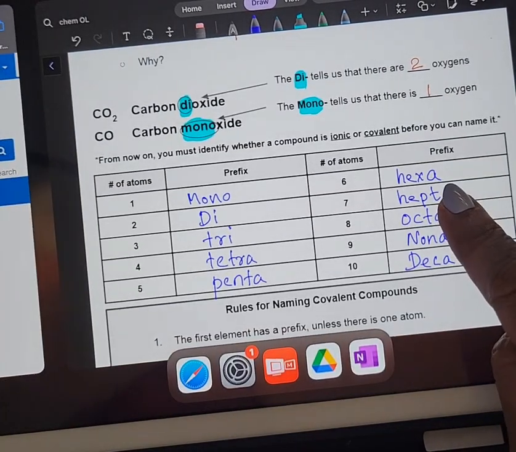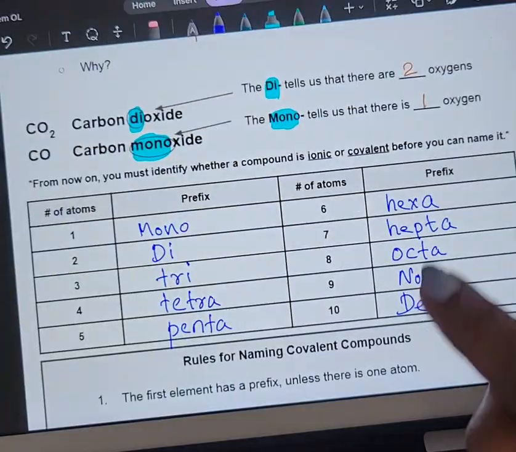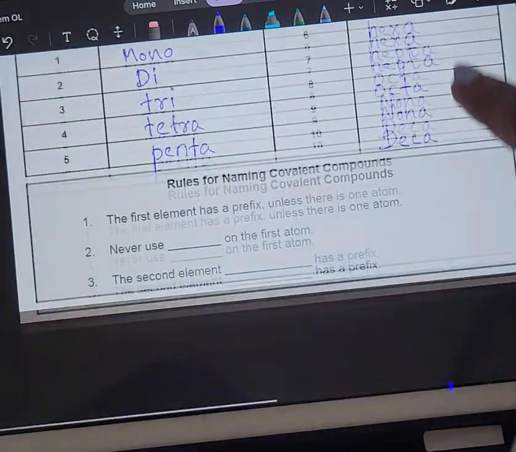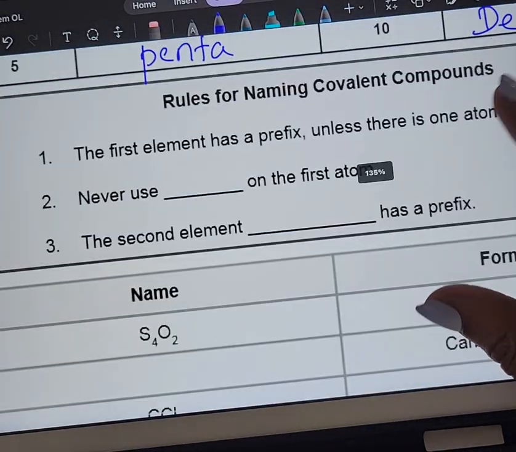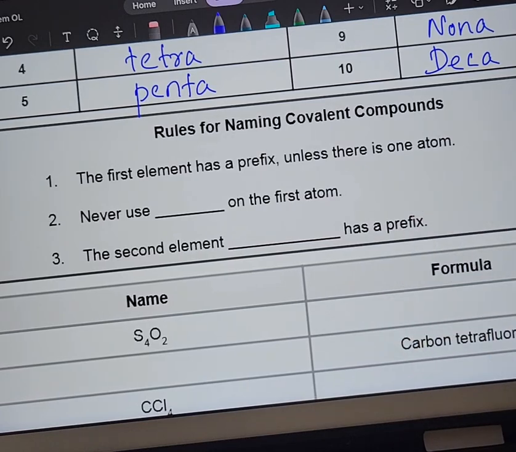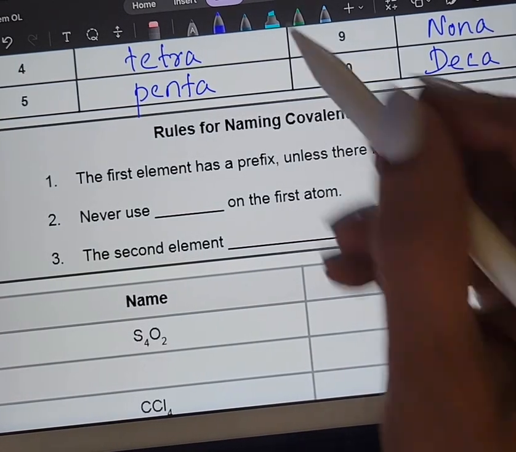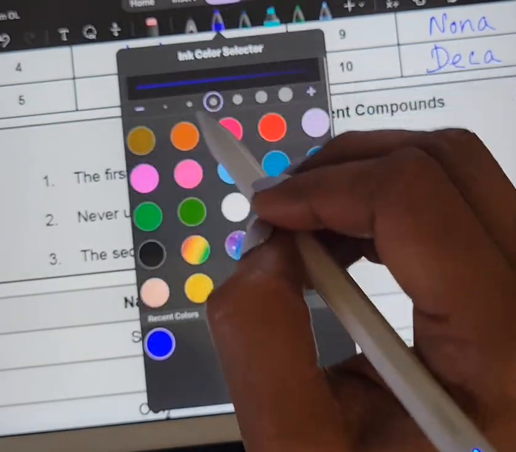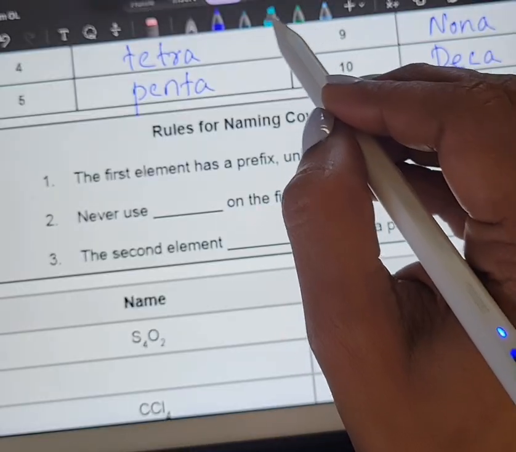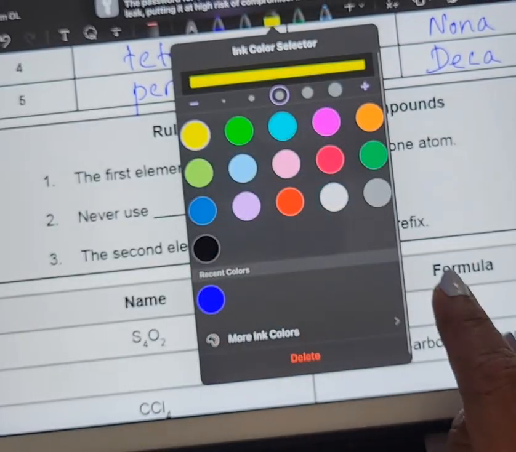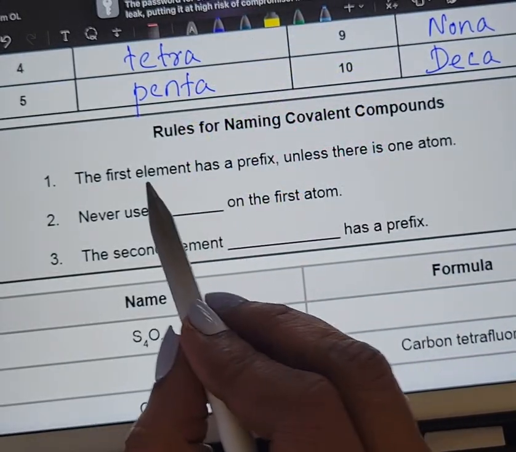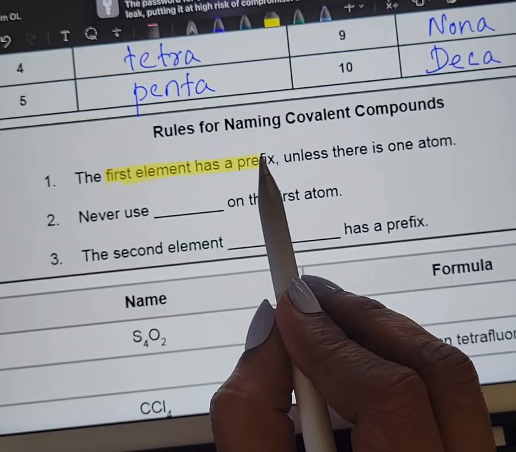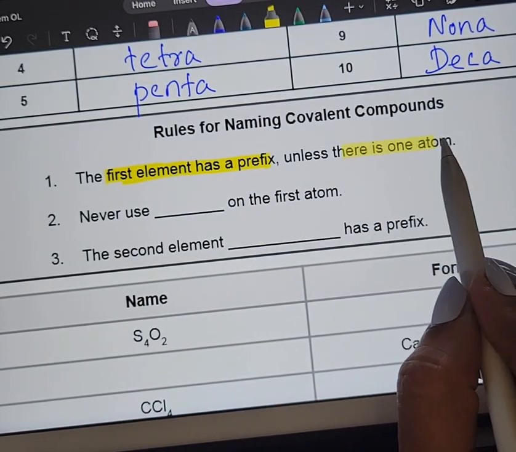And remember, some rules also. Okay, my bad. Let me go back, sorry. Some rules also different here. First element has a prefix unless there is 1 atom.